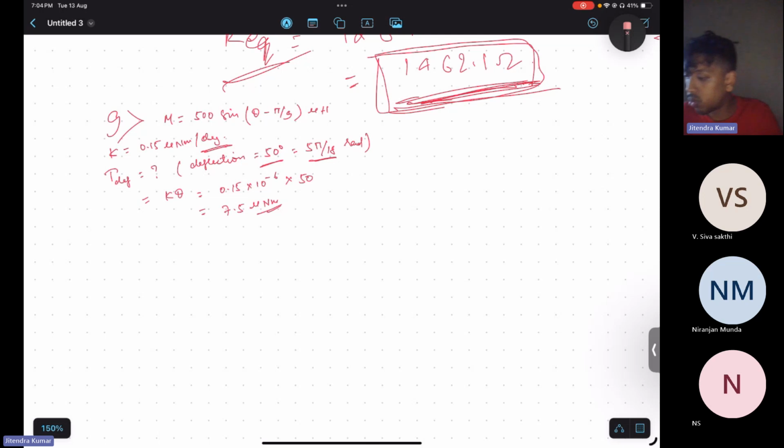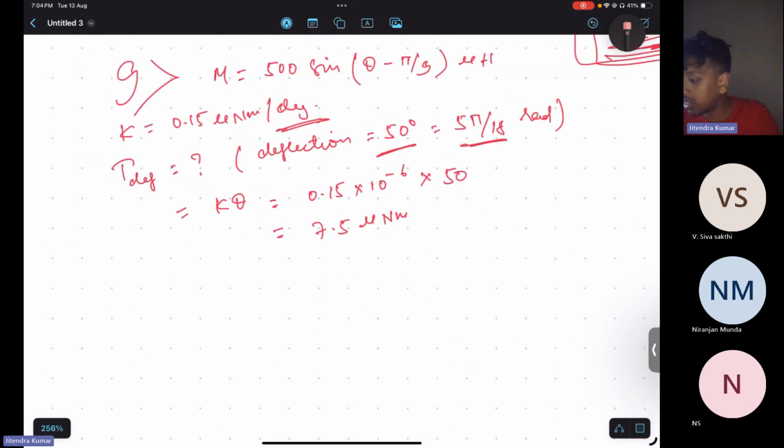Yeah, so we were solving this problem. In ninth, we got the answer of 7.5 micronewton meter. So that is coming within the range, isn't it? Okay, so let's move towards the next problem. Now in 10th part, we need to find the current when deflection is 50 degree or 5 by 18 radian.